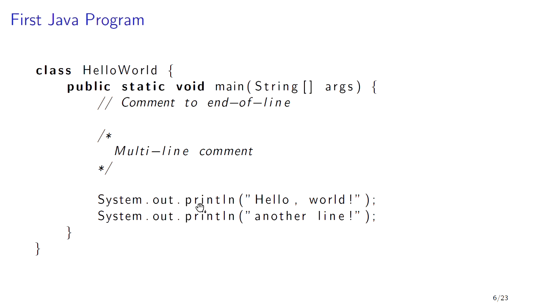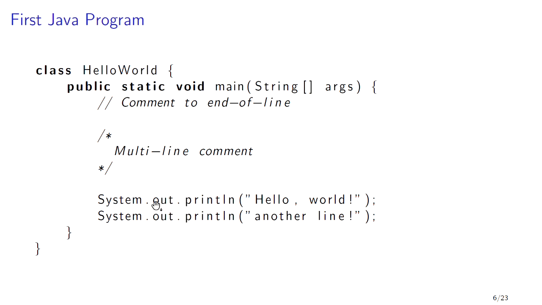System.out.println seems kind of cumbersome. There is a purpose to that, but yes, it is a little cumbersome. What it is basically is some prefixes here. The key thing to remember is Java is an object-oriented language, so you can't have a function. You have to send a message to an object, and that's out. So I'm sending the println message to the out object, passing it the parameter hello world.